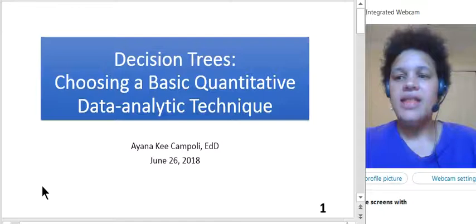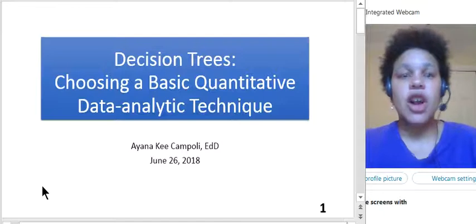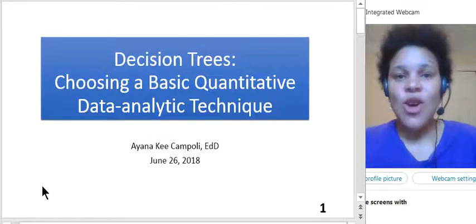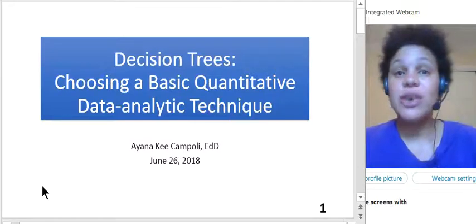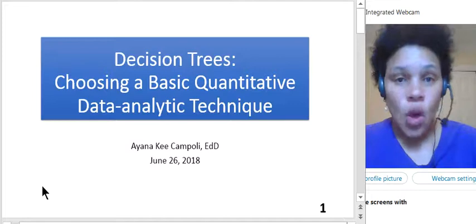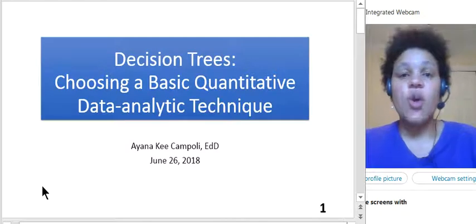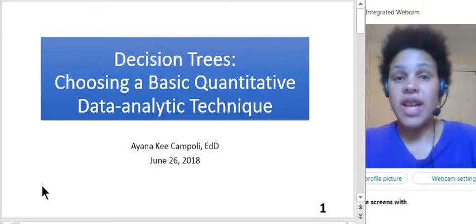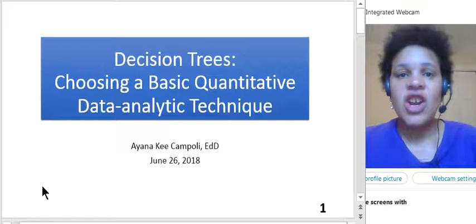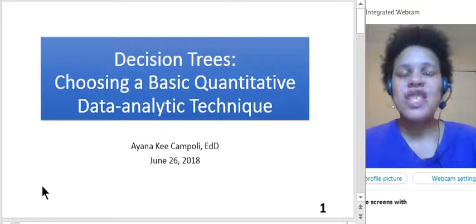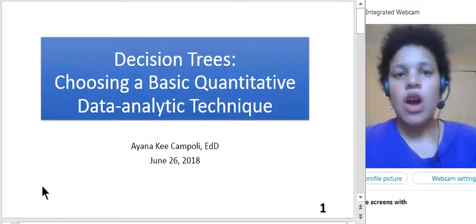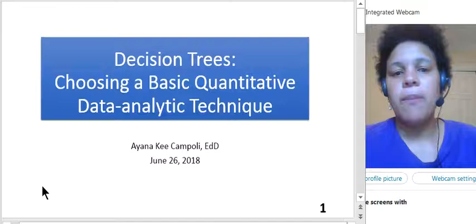This way, if you are going to be doing a thesis or some other kind of capstone research project, or you're going to be doing something in your professional work, or you're going to be working with another researcher, you'll have a starting point for what a basic analytic technique you could use.